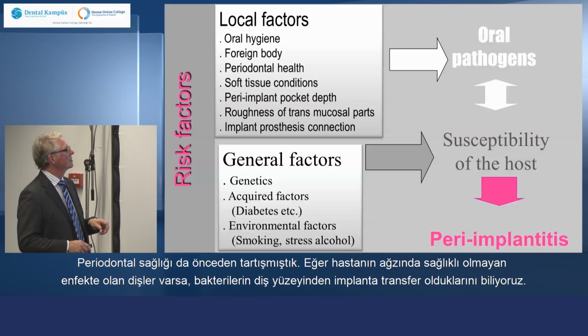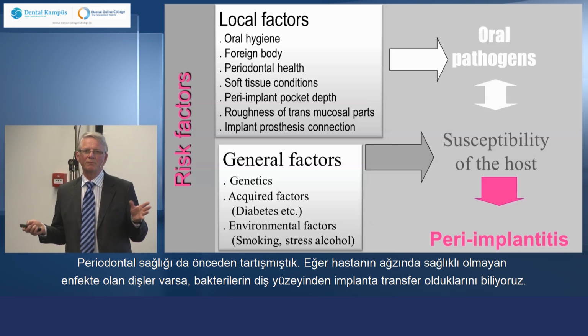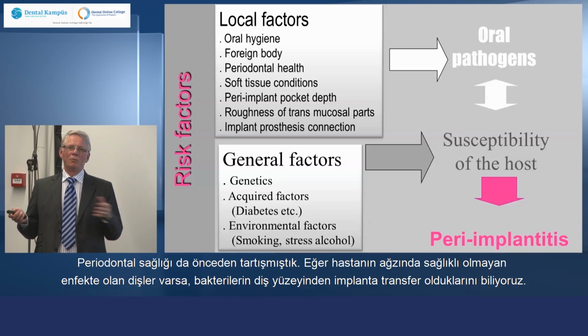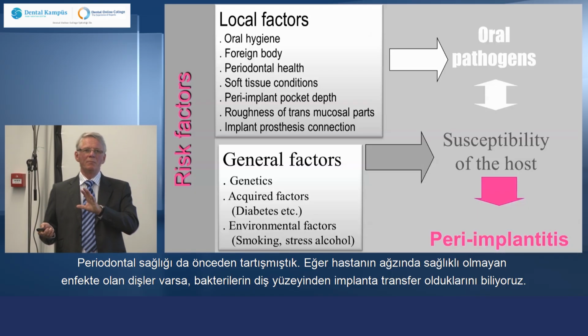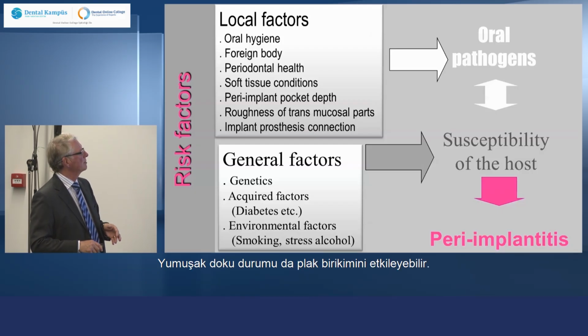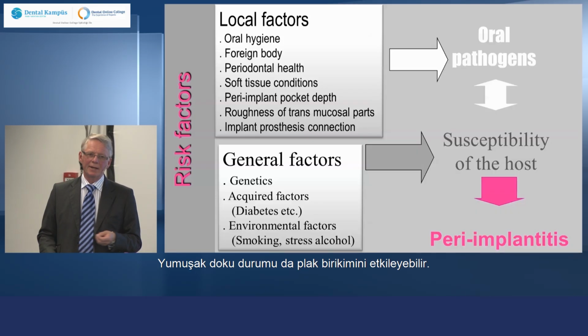Periodontal health, as we discussed before: if we have a lot of teeth in the mouth of these patients that are not healthy, they are infected, we know that the bacteria can transfer from the teeth to the implants. Soft tissue conditions, of course, may be one reason that could favor plaque accumulation.